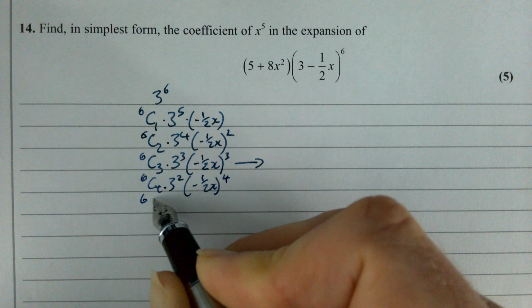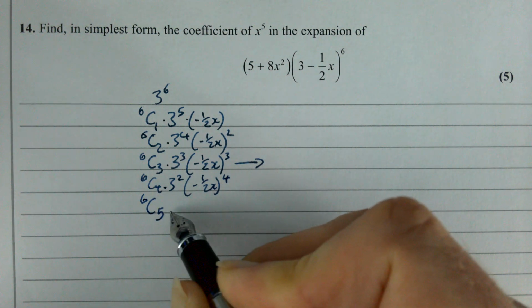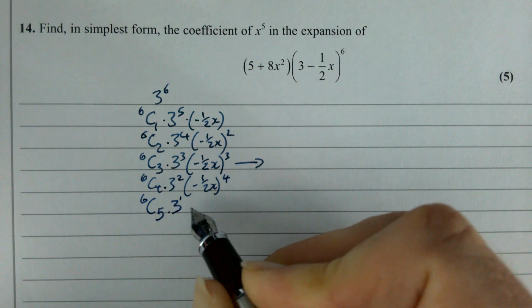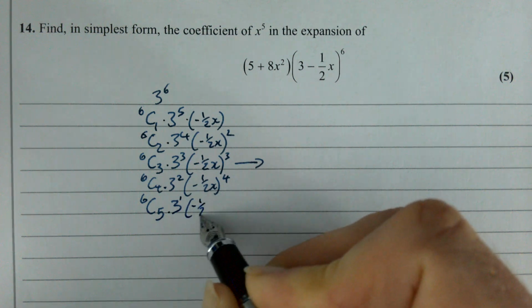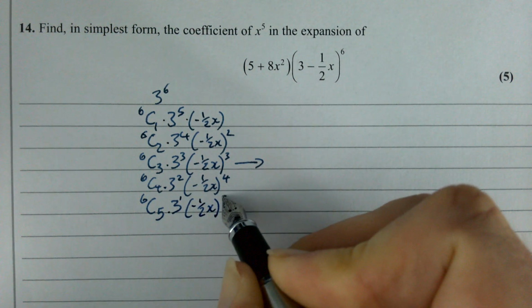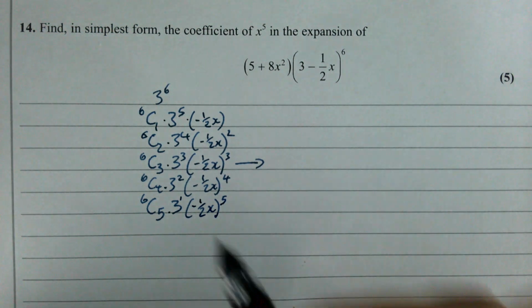But we do want 6 choose 5 times 3 to the power 1 times negative a half x to the power 5. So what's that going to give us?